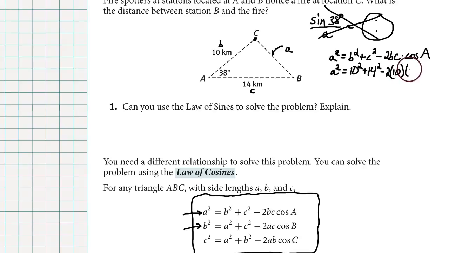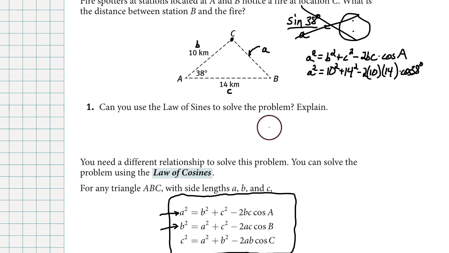For lowercase c, fill in the 14 again. And then times the cosine of capital A. That's 38 degrees. Notice that by using the law of cosines instead of the law of sines, we do only have one variable in our equation, so it's solvable.